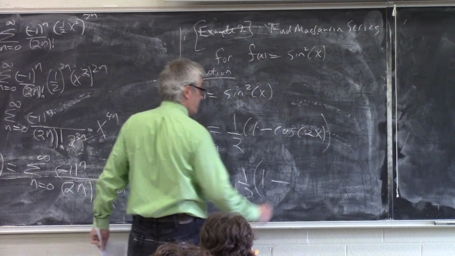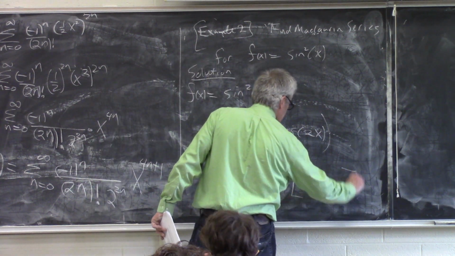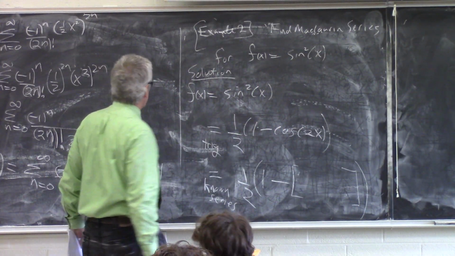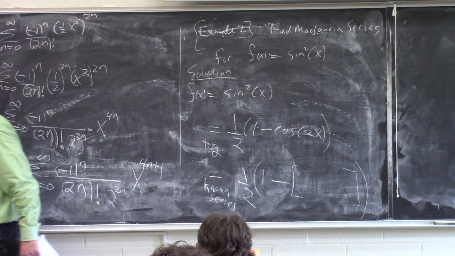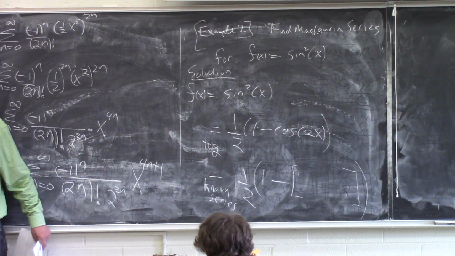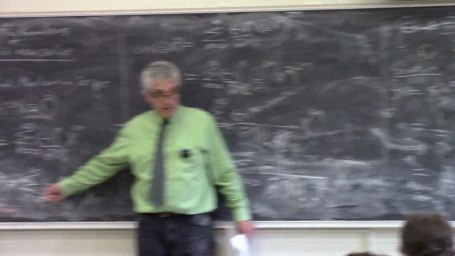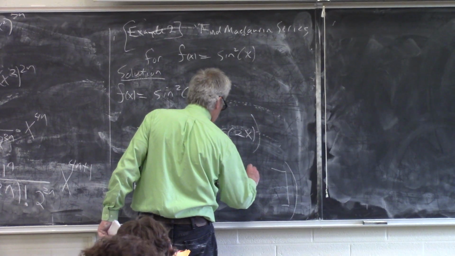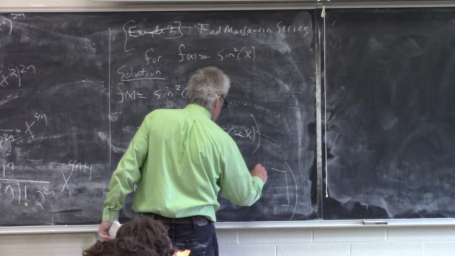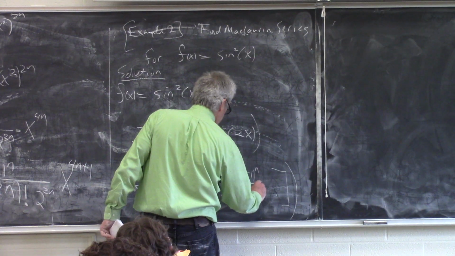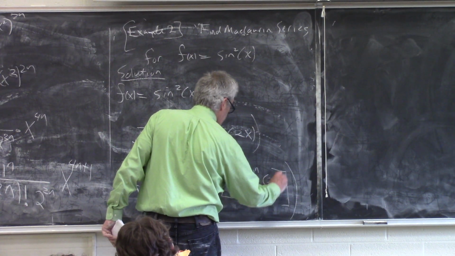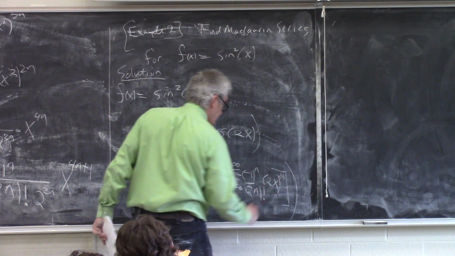And then in this bracket, I'm going to put the series for cos 2x. So that means I have to go get my empty version of cos parentheses and populate it with 2x. So the sum as n goes from 0 to infinity of -1 to the n over 2n factorial times 2x to the 2n.